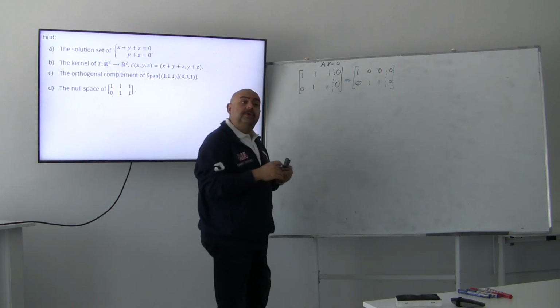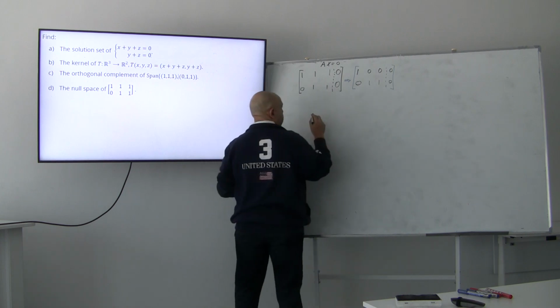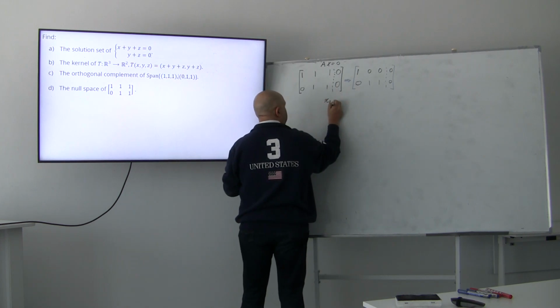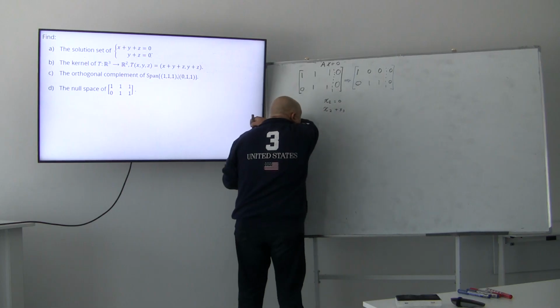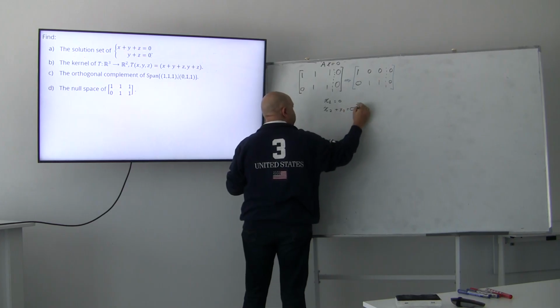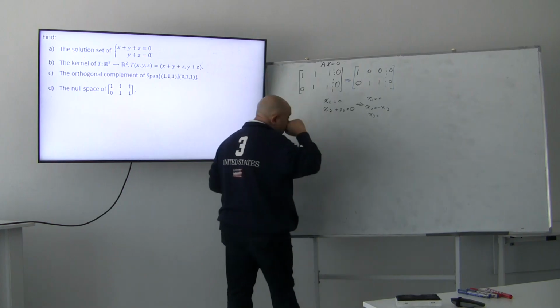I will start to re-expand them into a set of variables, or into the explicit form. So the first one is going to be x1 equal to 0. For the second row, you will have x2 plus x3 equal to 0. And this implies that x1 equal to 0 and x2 equal to -x3, and x3 will remain the same.